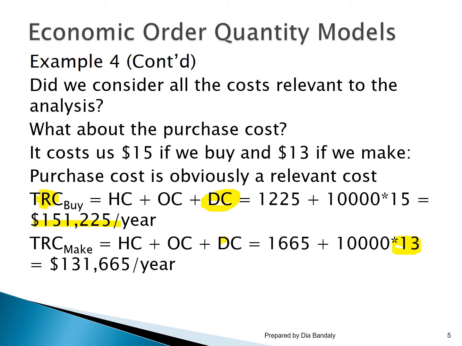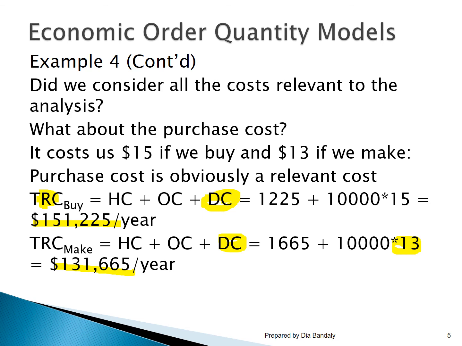Again, here we are adding to the relevant costs the purchase of material and the production cost. And that makes our option of making cost us $131,665 per year.